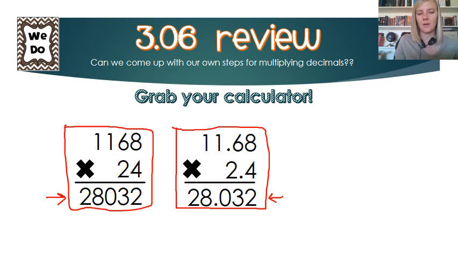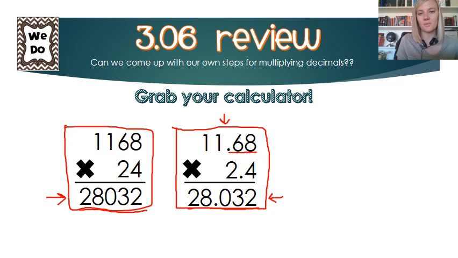Well, I notice a couple things. All of the numbers are the same: 28032, 28032. All of our numbers are exactly the same. This one over here on the right just has a decimal point. Now I also want you to look at where the decimal point is in this problem.